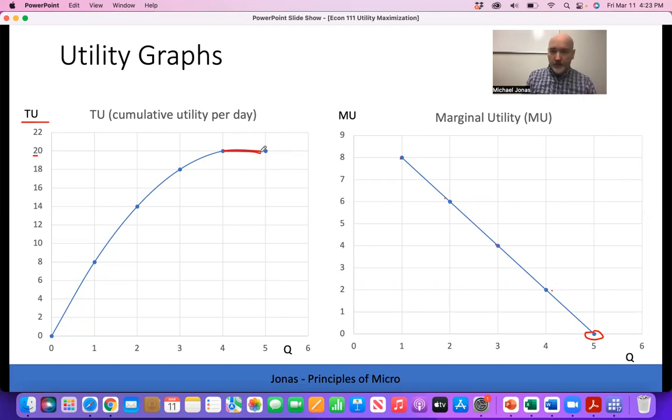The other way, the pure mathematical way of thinking about this, is that the marginal utility for each unit is just tracking the slope of our total utility. So it's rise over run of 8 over 1, marginal utility of 8. Rise over run 6 over 1, marginal utility of 6, and so on and so forth. We go up by 4 and over 1, up by 2.